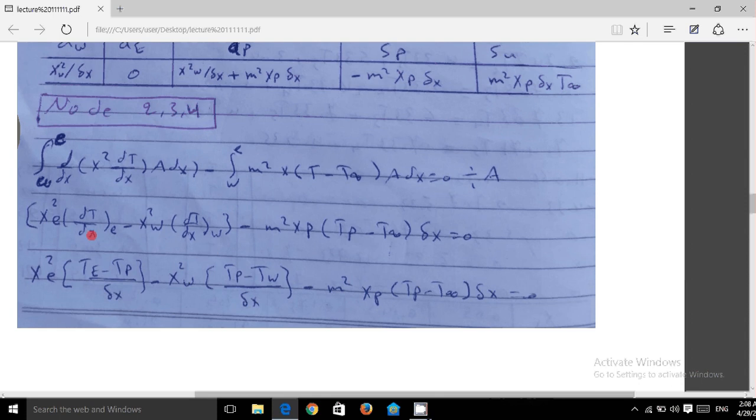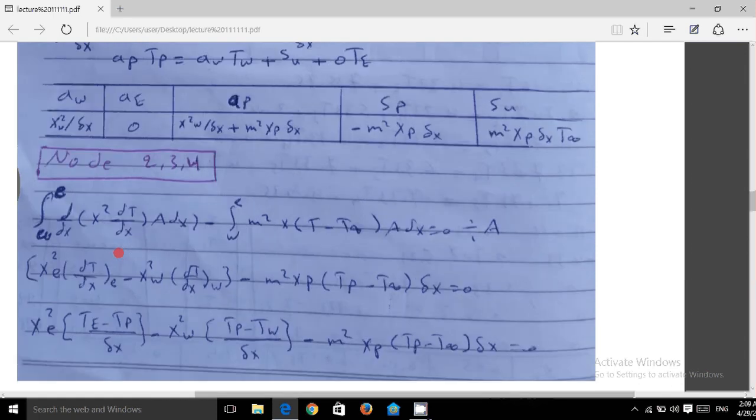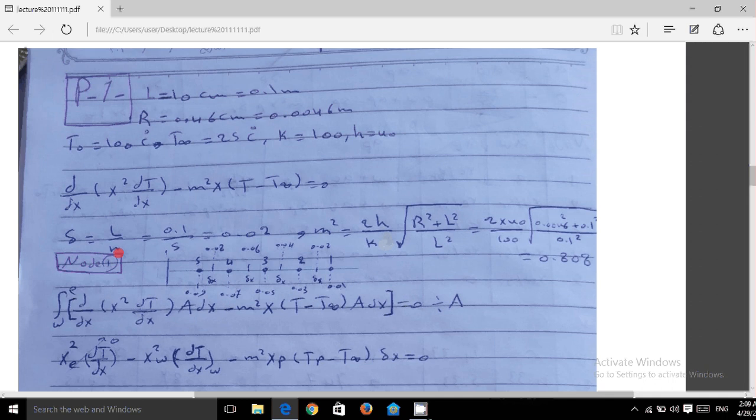And then I will substitute dT over dx for east as (T_E minus T_P) over delta x, minus x squared west (T_P minus T_W) over delta x, minus m squared x_P (T_P minus T infinity) delta x. I will show you how dT over dx converts to this, and how dT over dx is converted to this, for nodes 2, 3, 4.